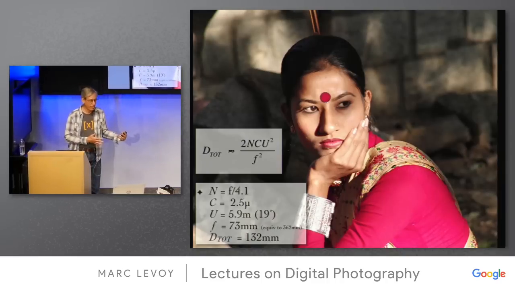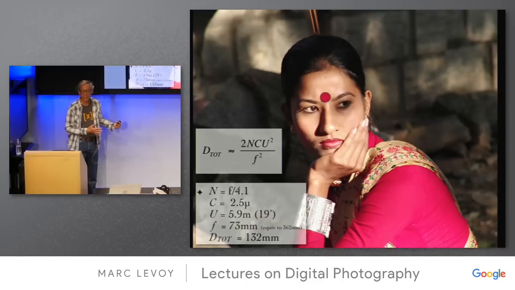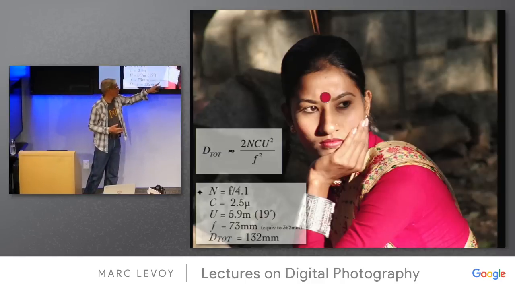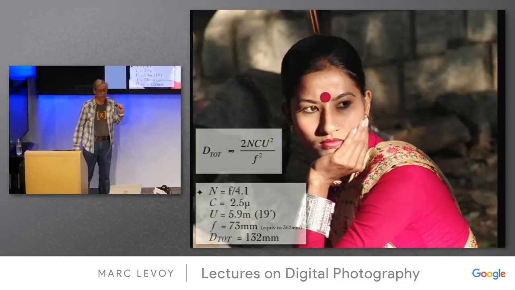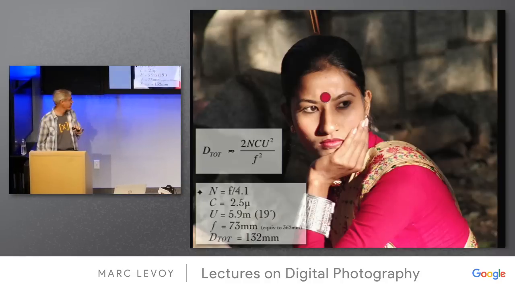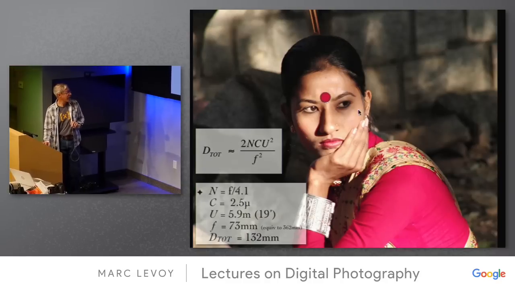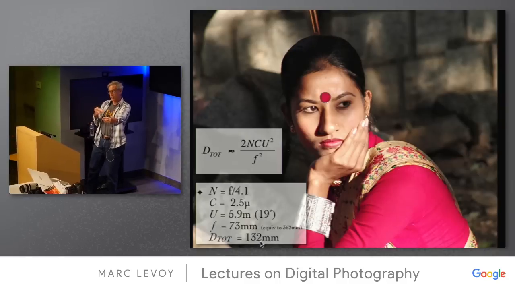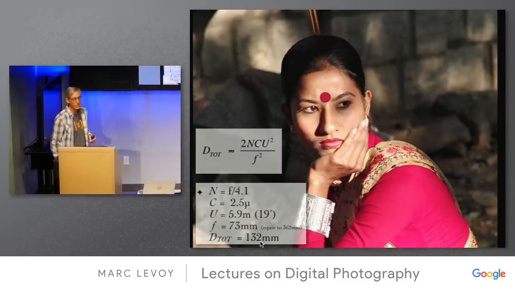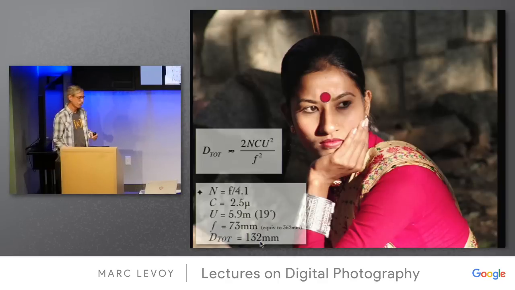Now that's on a crop factor camera. And so if you want to think about how telephoto was that, it was 362. So it's really a telephoto shot. But the number 73 is the number that we use in the formula. And if we just plug and play, that comes out to a depth of field from the frontmost to the backmost thing that would be in focus of 132 millimeters.